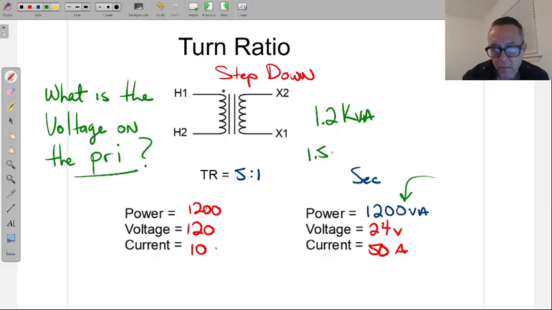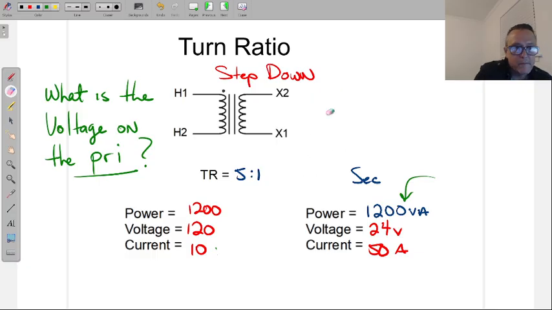You can certainly buy a 1.5 kVA transformer, and that would be fine, as long as you're over 1.2. I don't know how they sell these transformers. Maybe you can only find a 5,000 watt transformer. However it is that we go to buy this at that point, it just can't be smaller than the 1200 that you need.